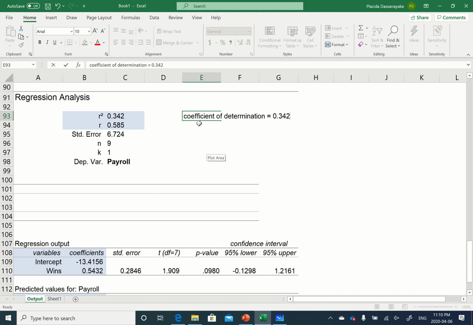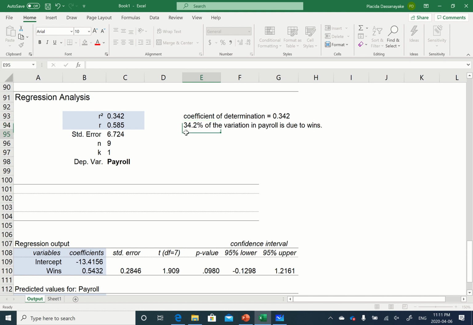So what does that mean? If the question asks you to interpret, that means 34.2% of the variation in payroll is due to wins.